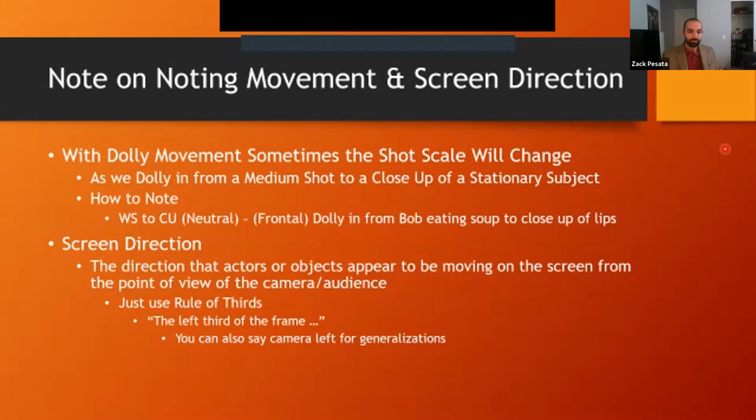But you can also say things like, Sally walks from camera left to camera right. But again, just use the rule of thirds, right? Sally starts in the left third of the frame and then moves to the right third of the frame, if for some reason you need to mention that.